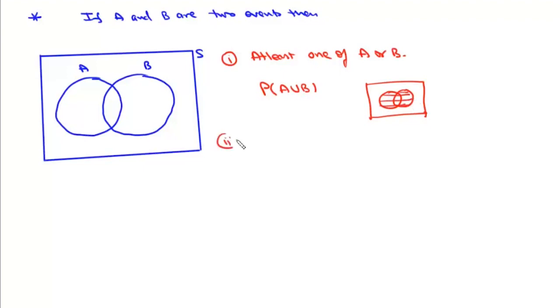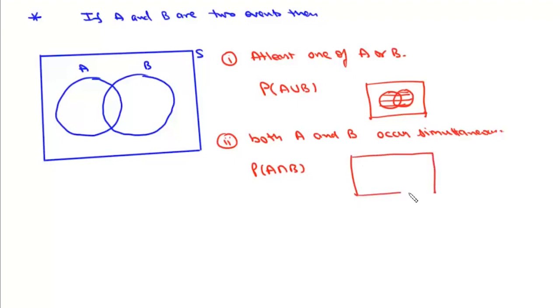Second one is both A and B. Probability of both A and B, or events A and B occur simultaneously. So in this case, we are looking for this probability of A intersection B, and this is the probability where we have this common region.